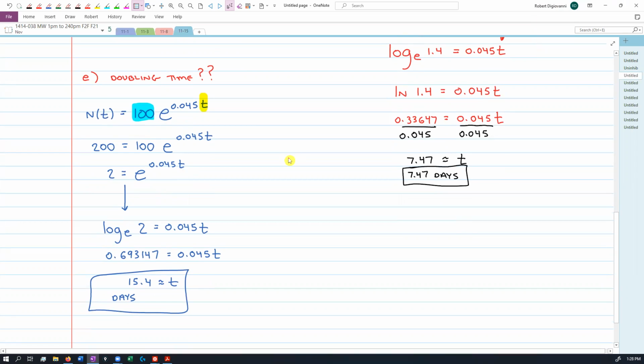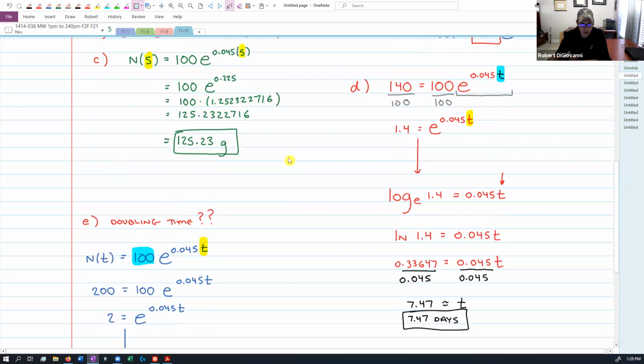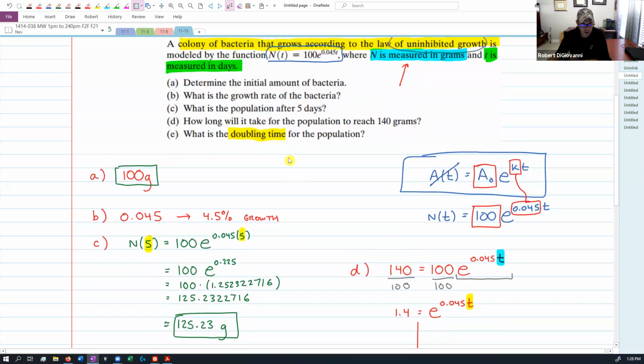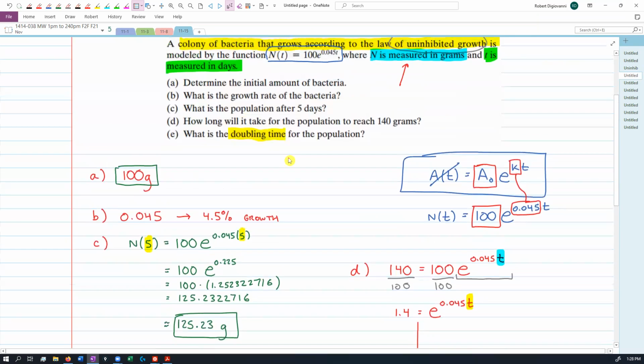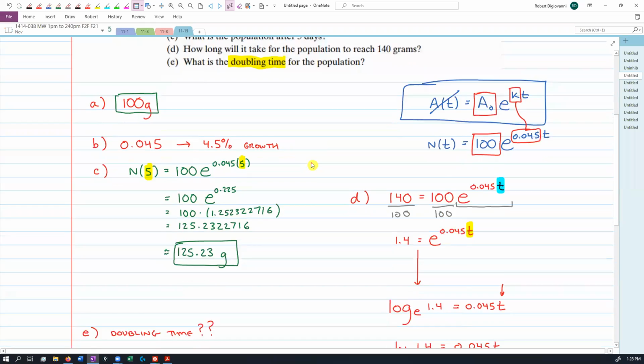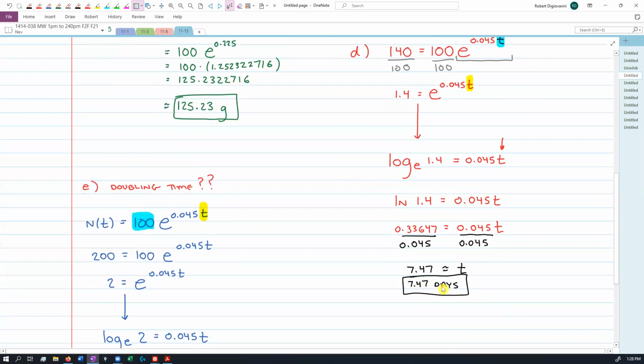I have a question. Yes. Is there a reason it would not work to just take the number of days from the first equation, the 7.47, and just double that number or triple that number to get the doubling time?